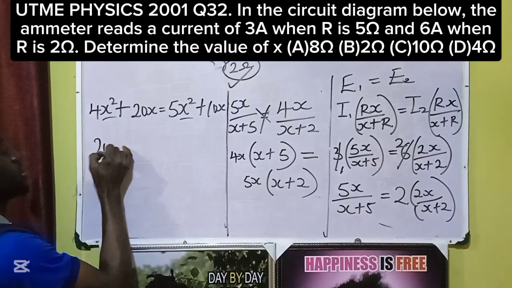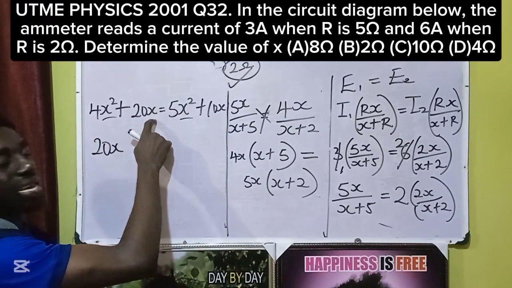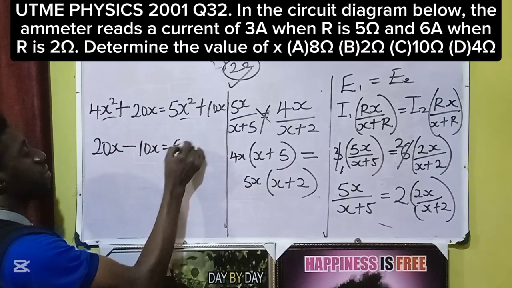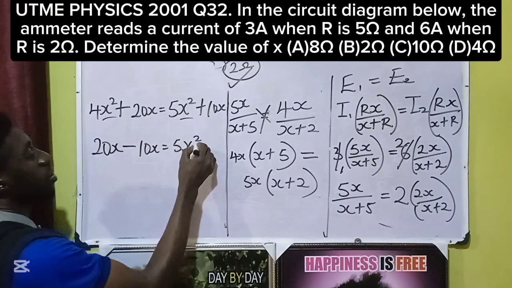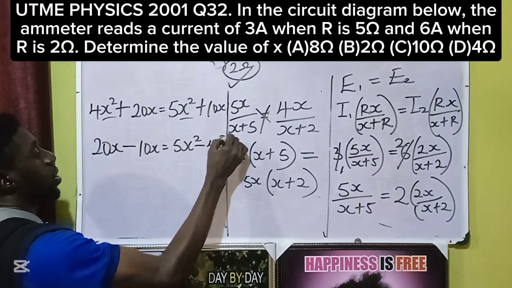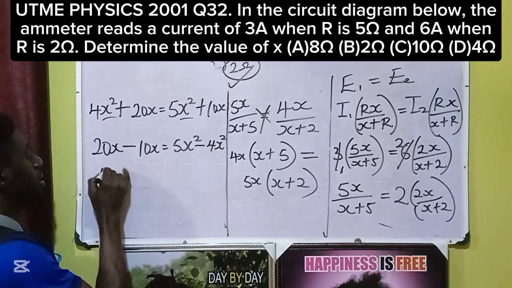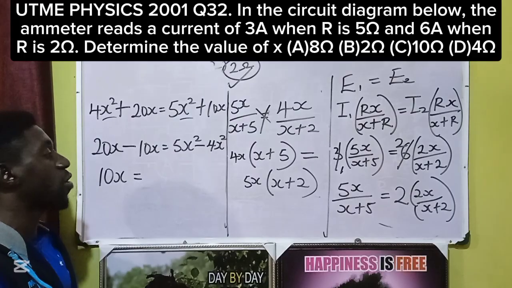So we start with 20x, then 10x crossing the equality sign becomes minus 10x, equal to 5x squared. Then plus 4x squared going the other way becomes minus 4x squared. 20x minus 10x will give us 10x is equal to 5x squared minus 4x squared.